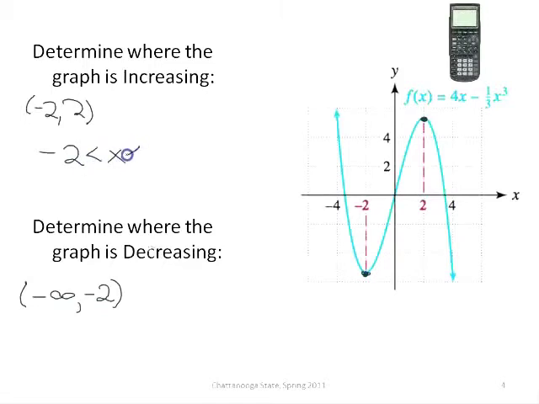If I were to write that with inequality notation, it would look like that, where x is between -2 and +2. Now once I get past the +2, the graph starts decreasing again. So that would be the interval that starts at +2, and then the x's go to infinity. And because that's two separate intervals, I have to use a union symbol between them.